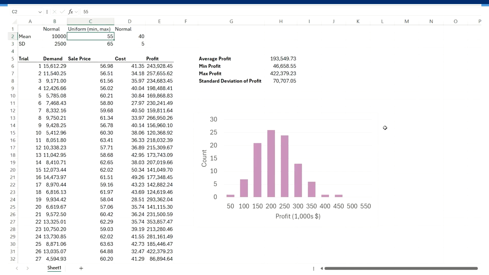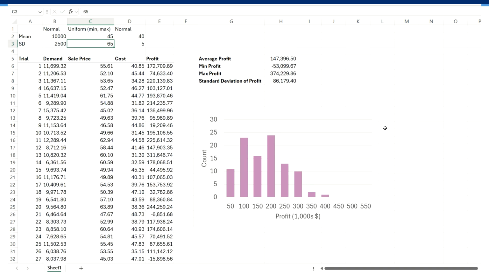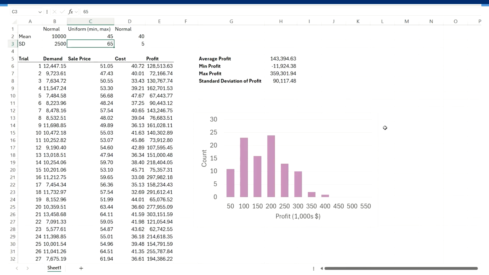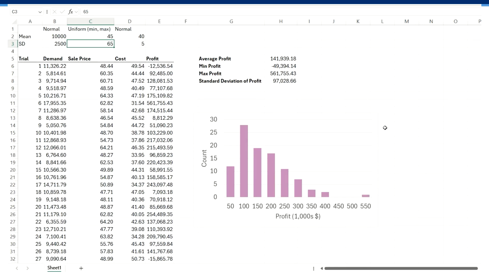Let me test out the sales price parameter. Let's see what happens if the range was a lot wider than this $10 range from 55 to 65. Let's say the minimum was 45 instead. You can tell right away the average profit goes way down. The standard deviation seems to be affected as well.